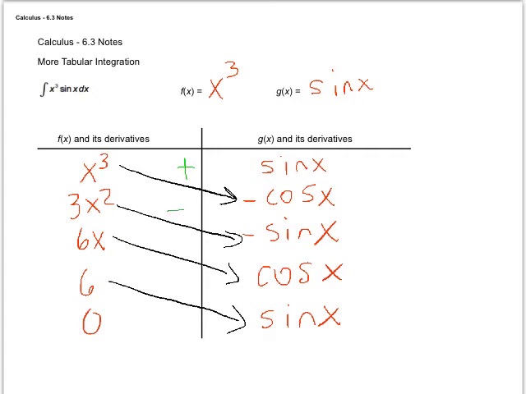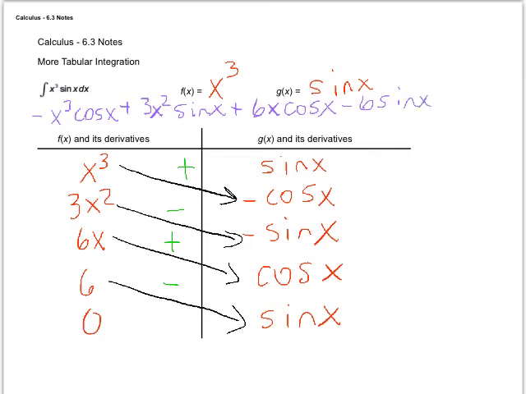And then add your pluses and minuses. The pluses and minuses alternate, so that my final answer is going to be negative x cubed cosine x, plus 3x squared sine x, plus 6x sine x, minus 6x cosine x, minus 6 sine x.